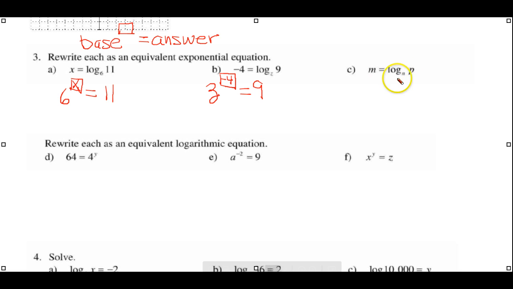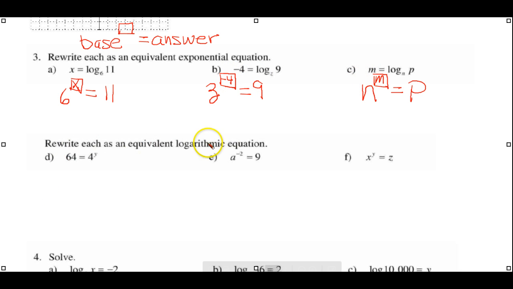So here our base is going to be n. We're going to raise it to the m power to get p. Now keep in mind, as you put your answers in MATLAB, you don't put a little box here. You just use the exponent tool to put these in.